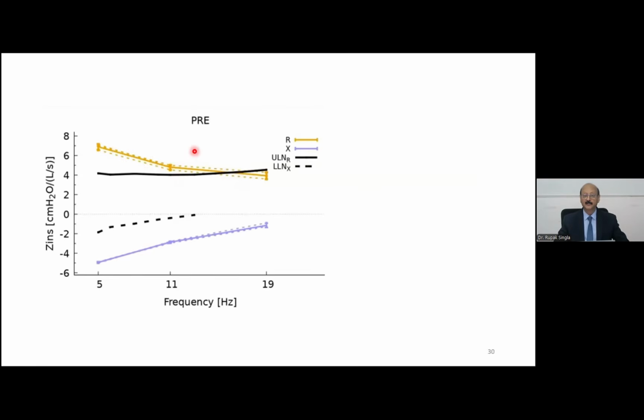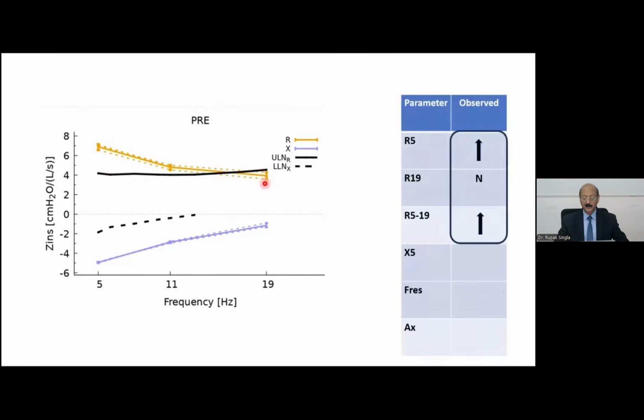Now just see this graph. R5 is increased, the R19 is below the black line, that means it is normal, and the difference between R5 and R19 is increased. Now the reactance lines, you find X5 is increased, the FRS will be meeting here, FRS is increased, and of course the area of reactance is also increased.